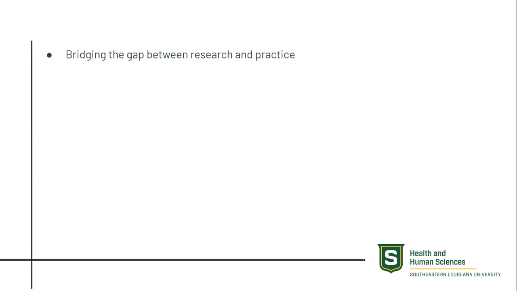The thing with evidence or research versus practice is that there's usually a big gap between research and practice. For someone who is in academia, as I am, when you're a researcher, there's a lot of pressure to do research, to publish papers, and all of that.